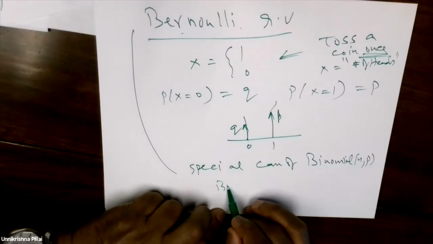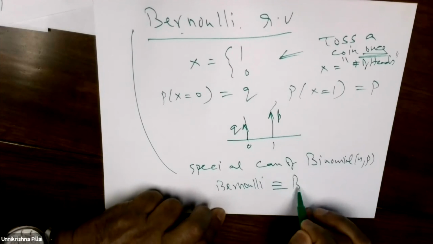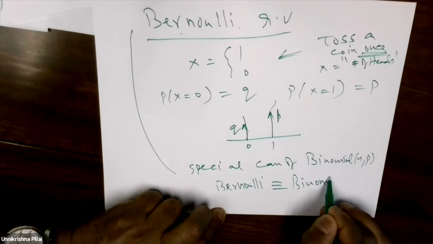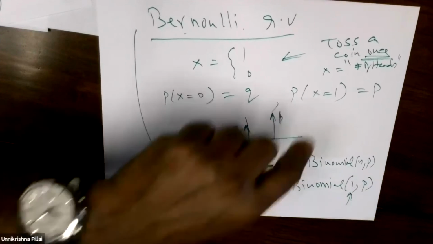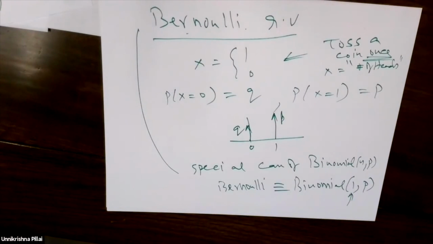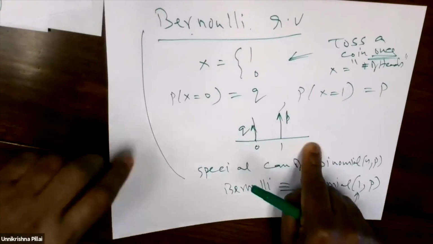So I hope you see this. Bernoulli is the same as binomial with n equal to 1 comma p. When you put n equal to 1, just toss a coin once, you get this. So that's a very special case. And p plus q is 1. So this is the probability mass function.